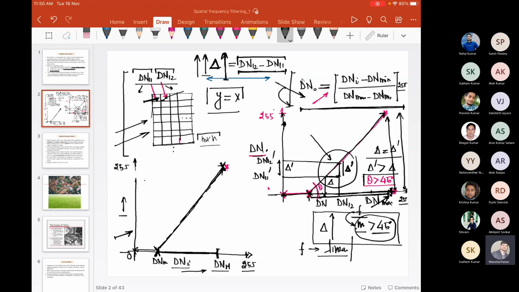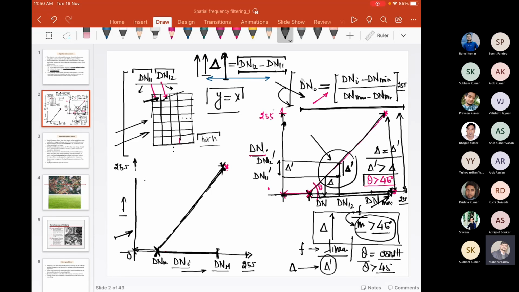F is linear, theta is constant, and theta is greater than 45°. So the transformation of difference delta to delta dash is constant. We can say that the image is enhanced linearly, uniformly throughout the image.